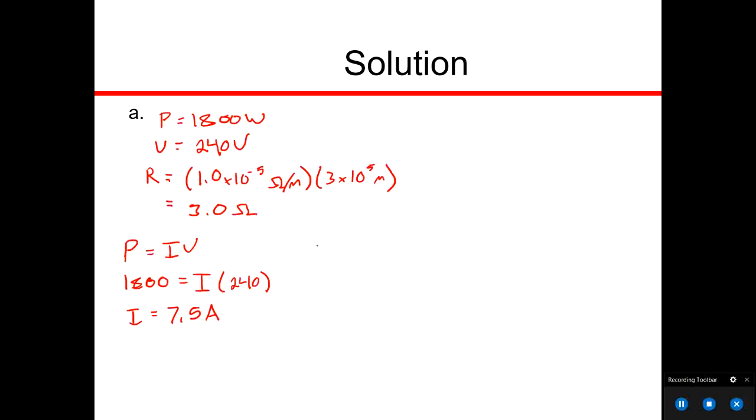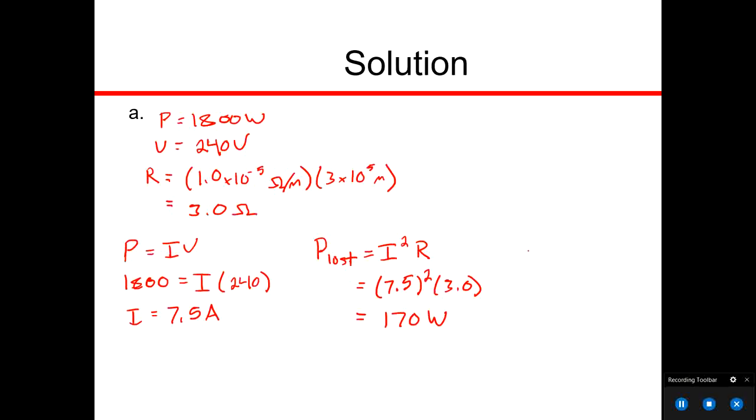So then we can find our power that's lost in this system using I squared times R. So we have 7.5 squared times our resistance of 3 ohms. That gives us a power loss of 170 watts.